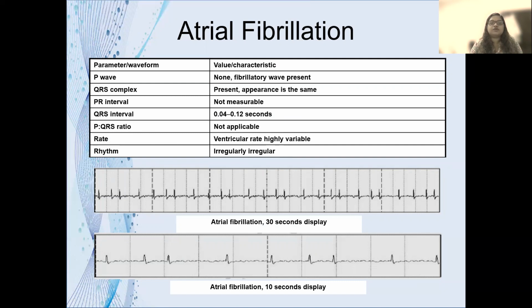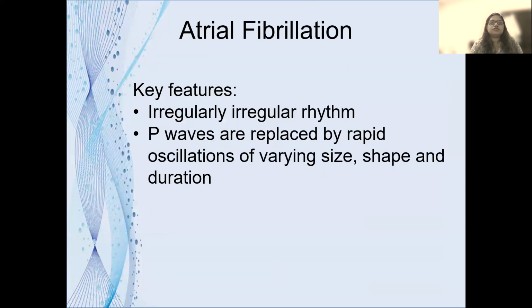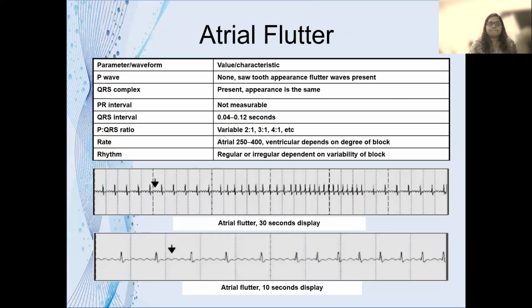So in the beginning, I told you if the patient has atrial fibrillation, the rhythm would become irregularly irregular. See here, you can't see a clear P wave. The atria is fibrillating. So you can see that there is no defined P wave. So the key feature is that it is an irregularly irregular rhythm. P waves are replaced by rapid oscillations of varying size, shape, and duration.